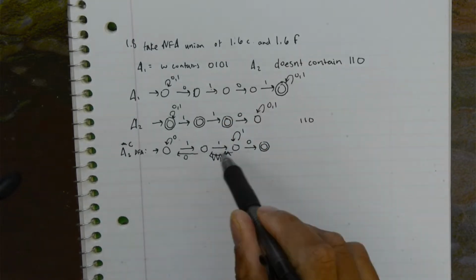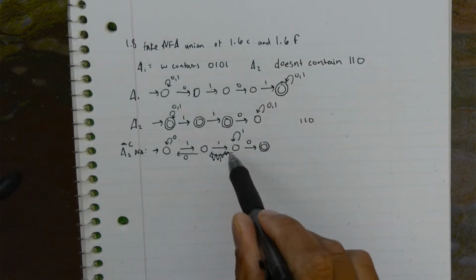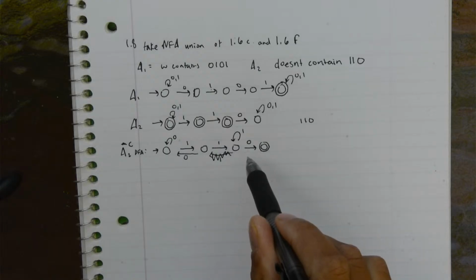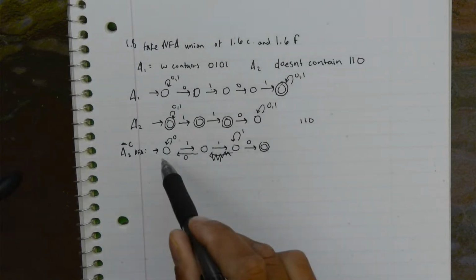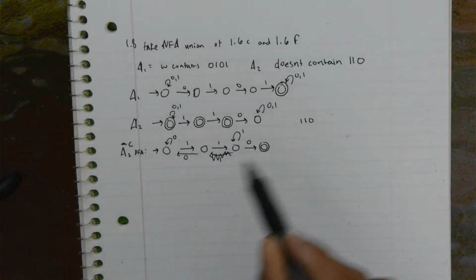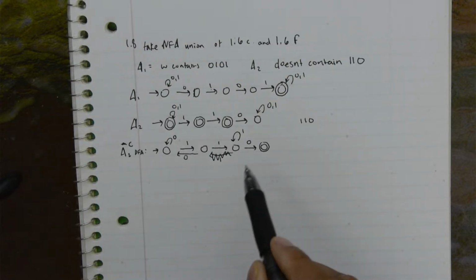So now you go 1, 1, 1, 0. Now if you go 1, 0, 1, 1, 0, okay. So I think that this is the DFA.